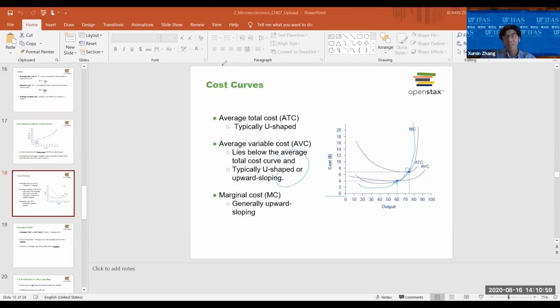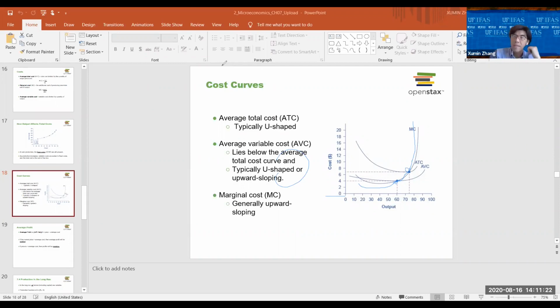So the marginal cost drives those, but once the marginal cost is above those average cost curves, you just imagine a string that pulls up. At the beginning, it pulls down. After crossing the average cost curve, it pulls up all the costs.